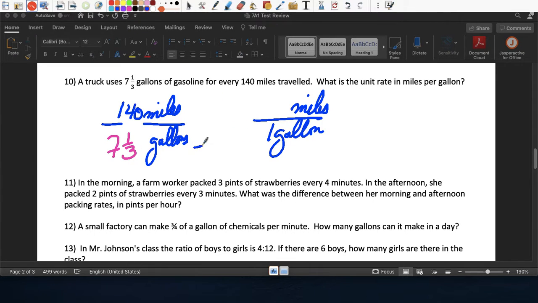Well, I divide by 7 1/3, right? 7 1/3 divided by 7 1/3 equals 1, and on top, I divide by 7 1/3 as well. It's the same exact thing because you have a calculator. If you take your calculator and divide 140 by 7 1/3, you're going to get the exact same answer, which is 19 and 1/11.